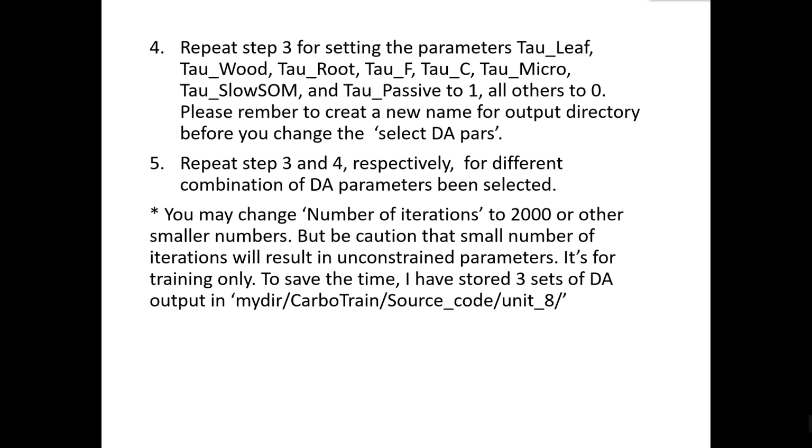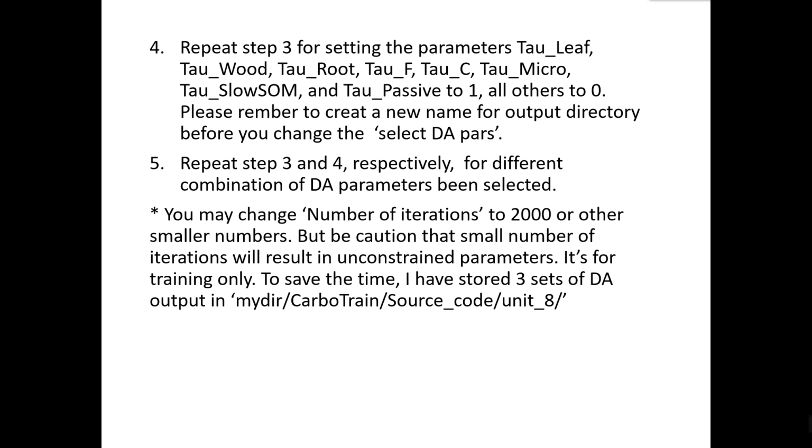Please continue to follow the steps. On my personal computer, it took 10 hours when the number of iterations is 20,000. So you may change the number to smaller values, but a small number of iterations will result in unconstrained parameters.